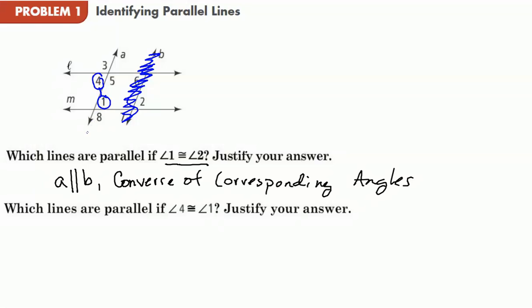If I make line A my transversal, which is this one right here, and I make these two my two lines that are crossing, and these are alternate interiors and we make them equal, then we're going to say that line L is parallel to line M using the converse of alternate interior angles.